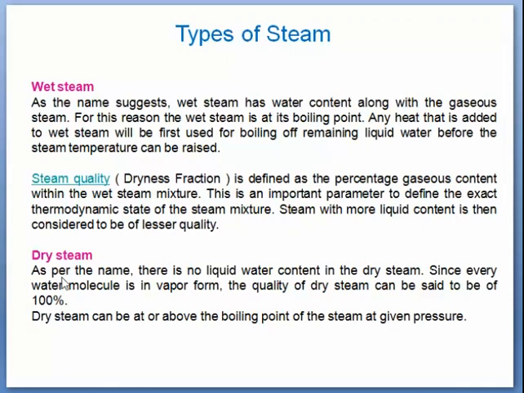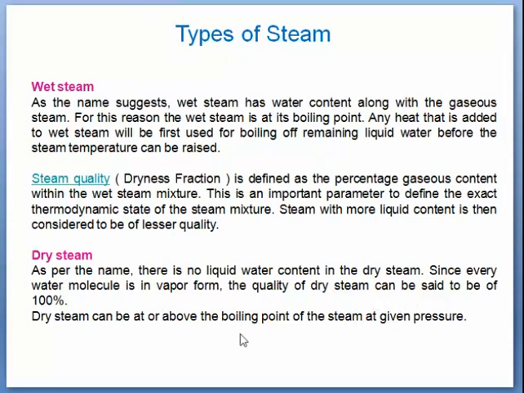Then dry steam, which can also be taken as dry saturated steam. It is that steam where there is no liquid water content present. Since every water molecule is in vapor form, here the dryness fraction or the quality of steam will be taken as 1, and the quality of dry steam will be said as 100%.